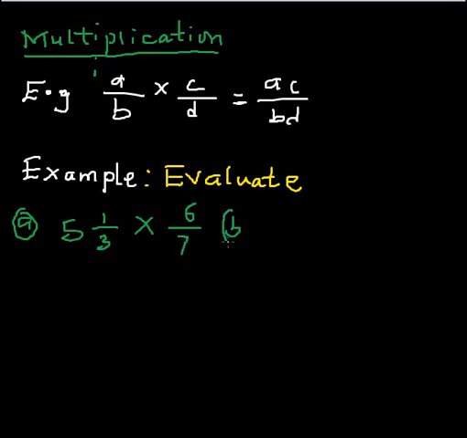Part B: 1 all over 3 times 10 all over 7. I think that's what I'm going to do. So let's flow into the solution for this.